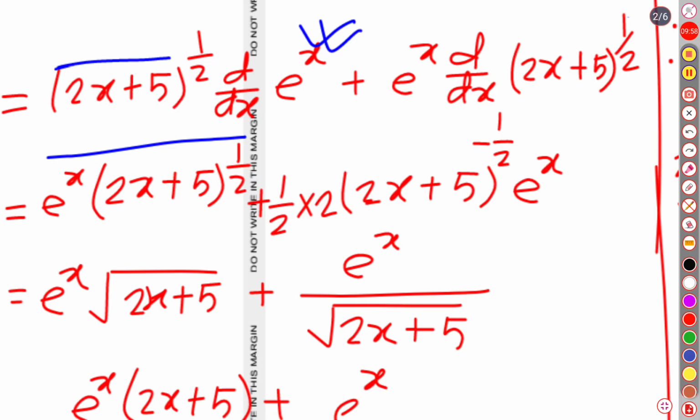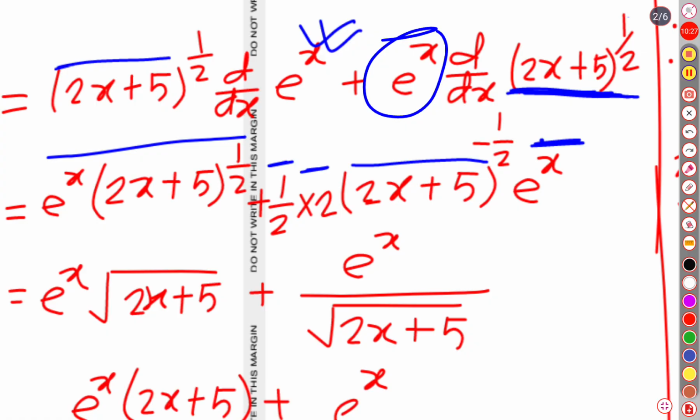About the second one, I have already shown how to differentiate this function. First we write the exponent, then we differentiate the inner function, which produces 2, then the whole function, and the exponent has become negative half, because if we subtract 1 from half, it is negative half. This function has remained unchanged.